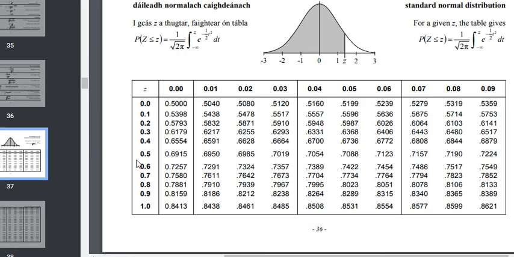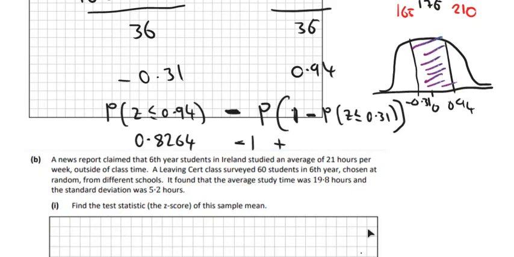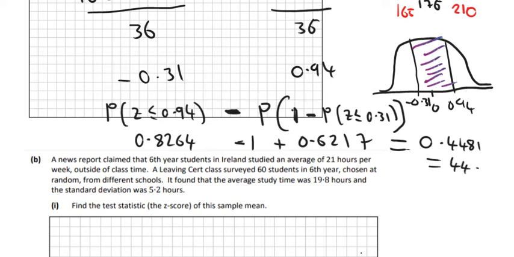So go down to 0.3 on the left hand side and then to 1, and you get 0.6217. So that's almost it. We just calculate all that using the calculator and you'll get 0.4481, which is the same as 44.81%. So that's it for that part.